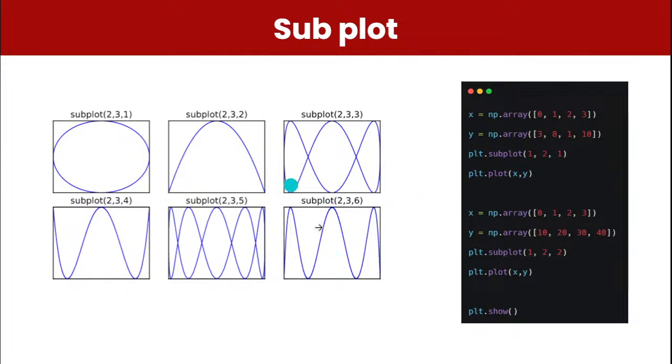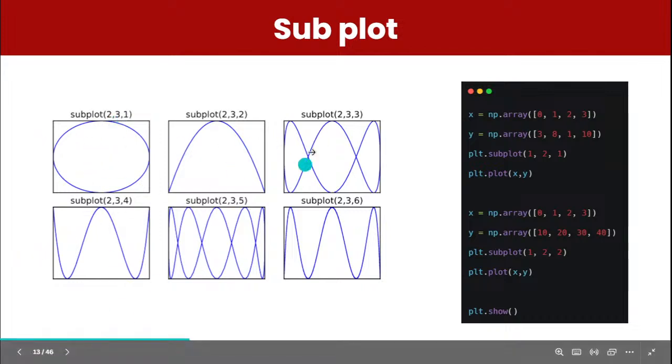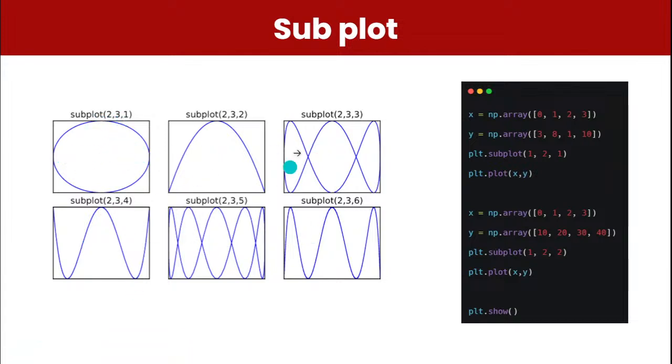Only the third number changes, the remaining is the same, which is 2, 3, nothing but a 2 row and 3 column format. So this is a 2 row, 3 column split, which totally has 6 images: first, second, third, fourth, fifth and sixth.